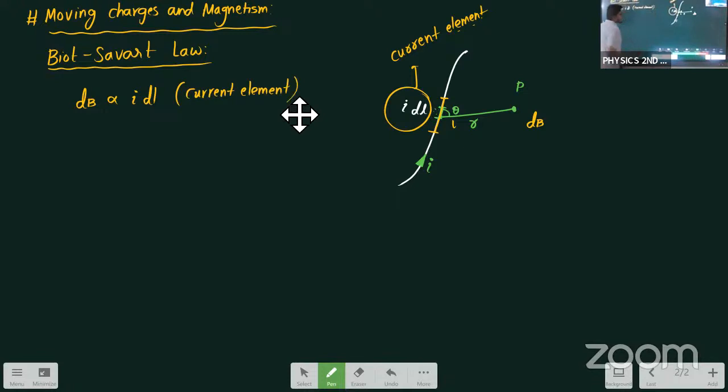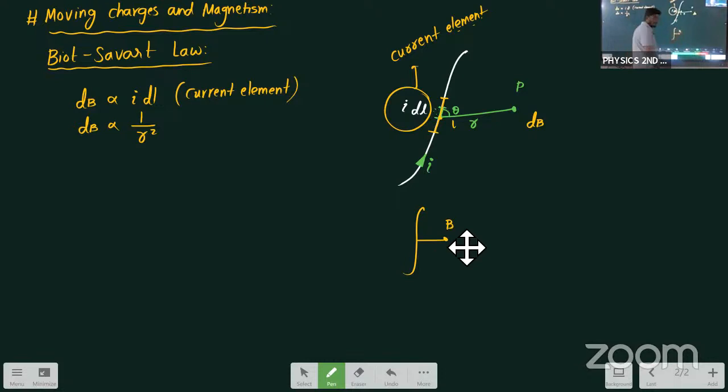Next, what is the next thing they have observed? They observed that the magnetic field created at one particular point is inversely proportional to the square of the distance between the current element and point P. Assume that initially, due to this wire, some magnetic field B1 is created here.